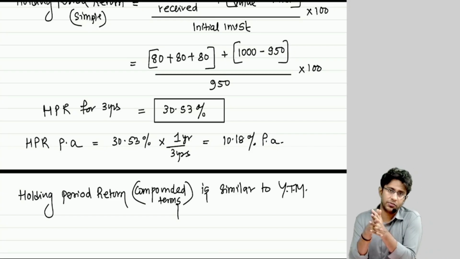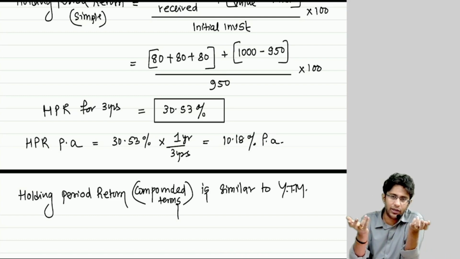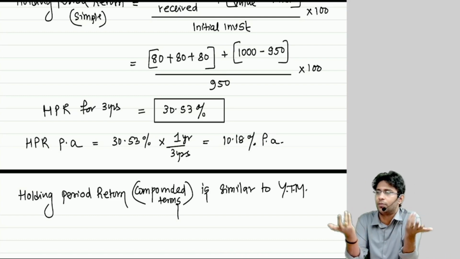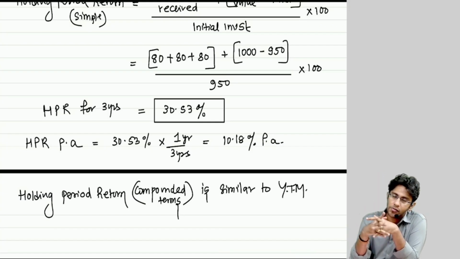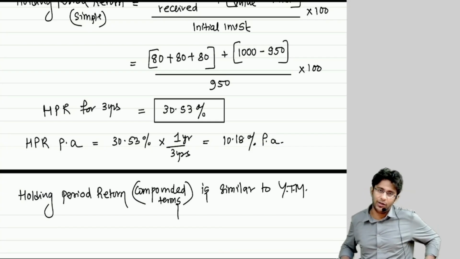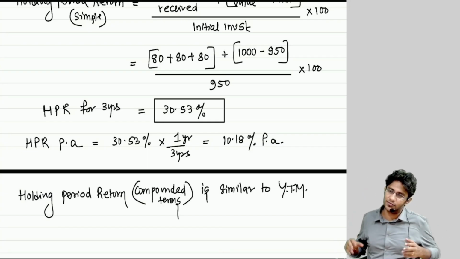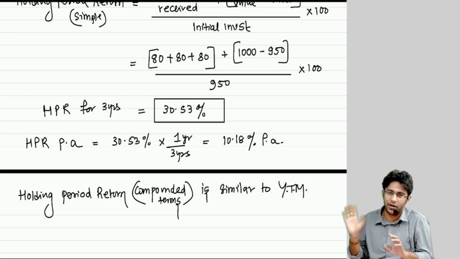You will not know, simple. We'll work out YTM. Once you understand how to compute YTM, holding period return in compounded terms, automatically you will know. If I discuss holding period and compounded terms now, then for YTM there won't be anything left to discuss. We cover the small cute concepts of YTM first, then we'll come back and discuss again if you want.